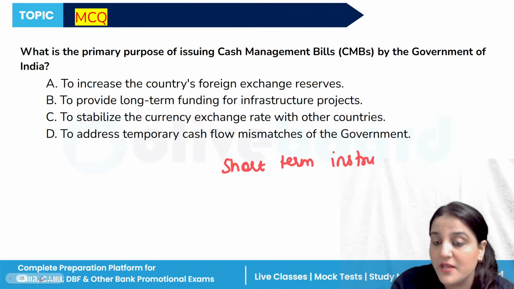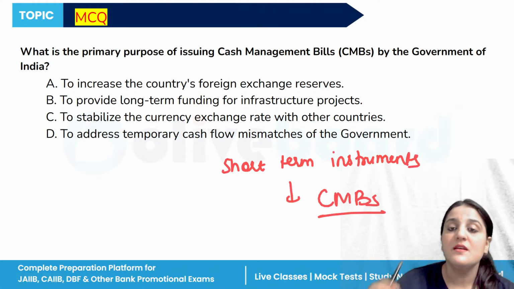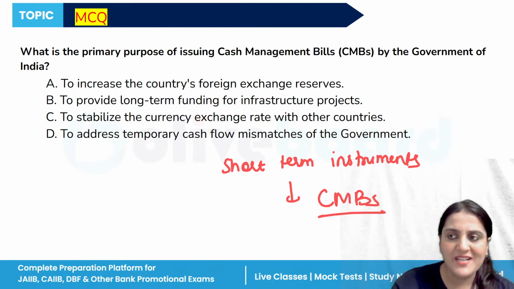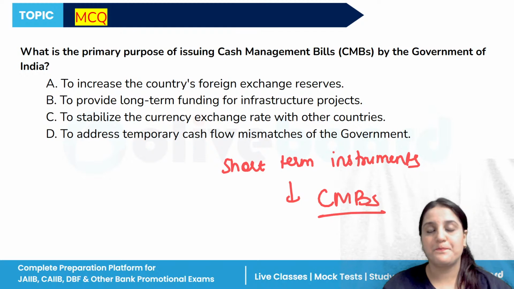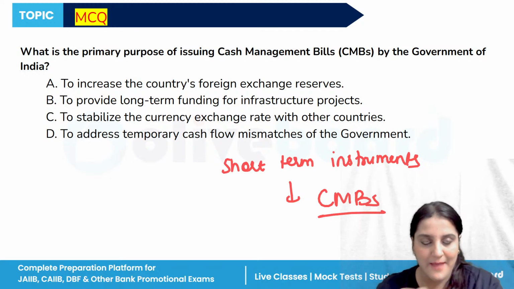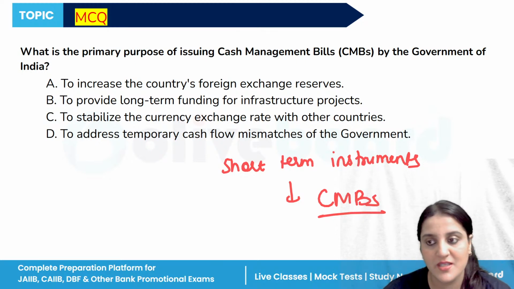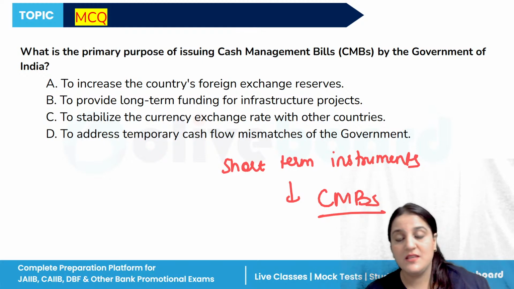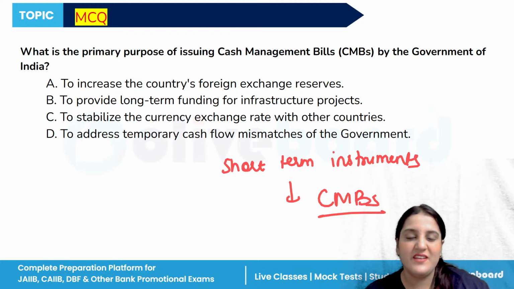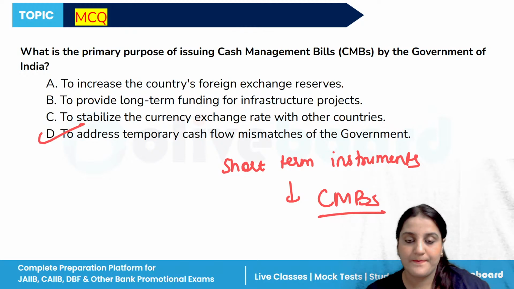These short-term instruments are known as CMBs, that means cash management bills, to meet the temporary cash flow mismatches of the government. The CMBs in India are non-standard discounted instruments which are issued for a maturity of less than 91 days. These bills have a generic character of treasury bills. So you can read option D is correct here. Okay.